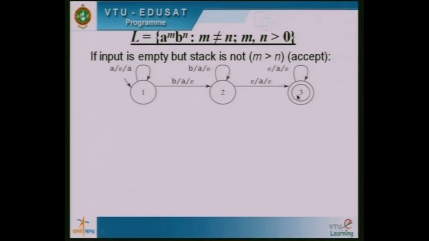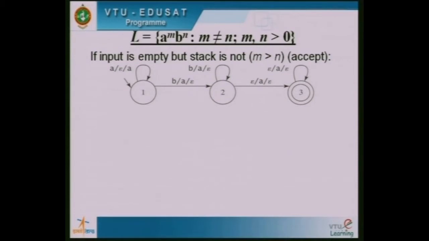But still I may have some more number of a's, for which what I will do? Be in the final state itself, when no input, stack is having one or more number of a's, then pop those a's and stay in the final state. Once you are in the final state, no input and the stack is empty, hence the string is accepted at state 3. This is when m is greater than n.